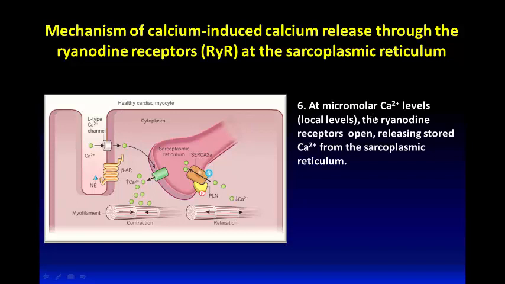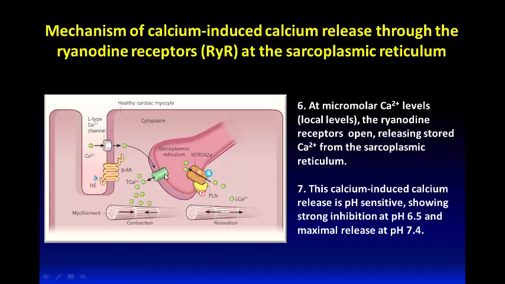At micromolar calcium levels, these calcium ions function as ligands for the ryanodine receptors, and the ryanodine receptors open, releasing stored calcium from the sarcoplasmic reticulum. Then this calcium binds to troponin C, and this initiates the sliding of the thin filaments past the thick filaments, as we will describe in the subsequent slides.